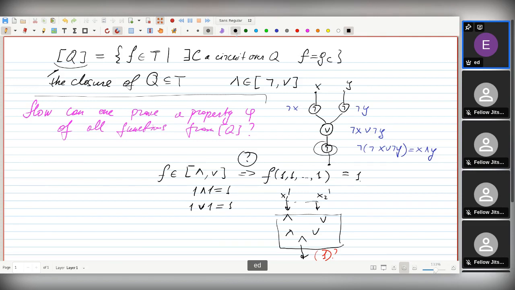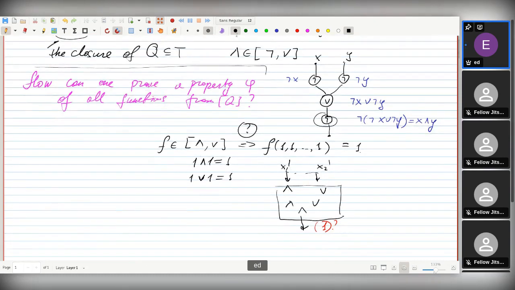What do you think? Isn't it intuitively clear what I'm talking about? Ladies and gentlemen, is this clear? Yes, it's clear. And now I'm interested in the following question.